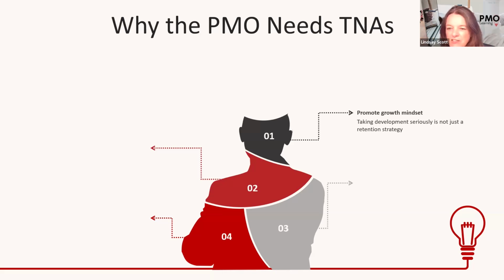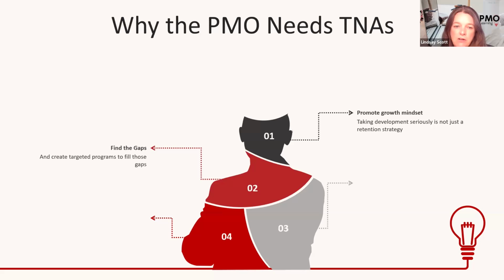So that's the first bit: dovetailing into the current trend around the whole growth mindset. There's a lot of literature out there about how some of the biggest companies in the world adopting a growth mindset, and the culture that goes with it, is making real differences to their bottom lines.